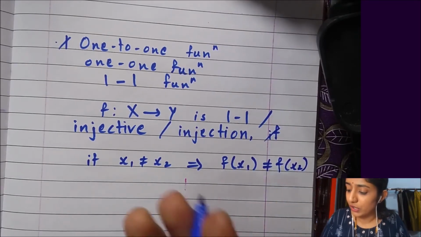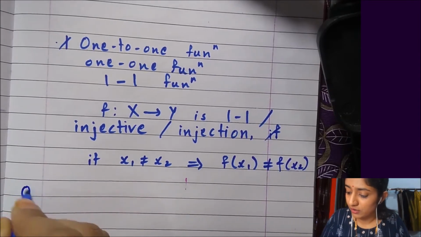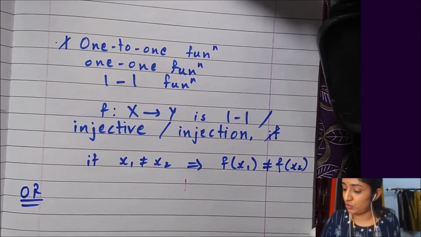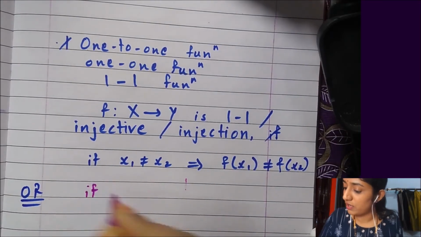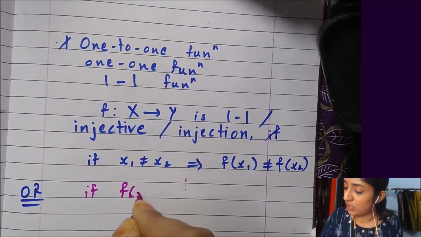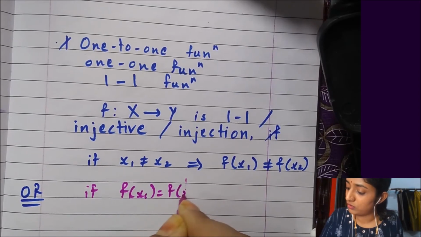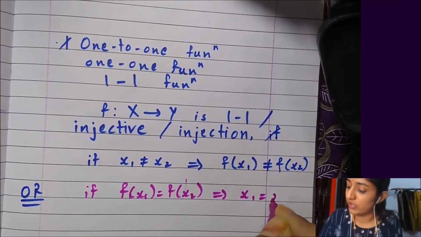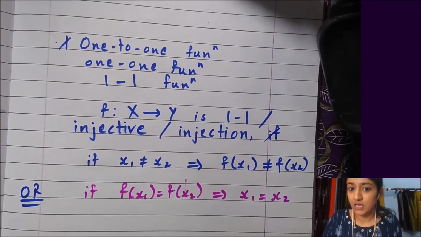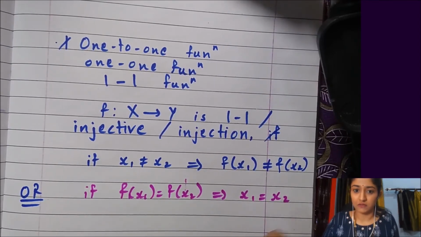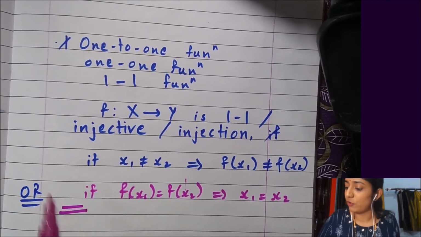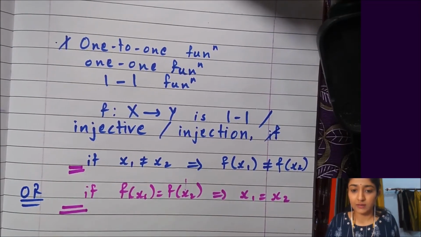In other words, to check, what we can do is, if f of x1 equal to f of x2, then we should check whether x1 is equal to x2 or not. If it is not, then it is not one-one. If they are equal, then it is one-one. So this is the method of checking, and this is the formal definition. Different elements should have different images.